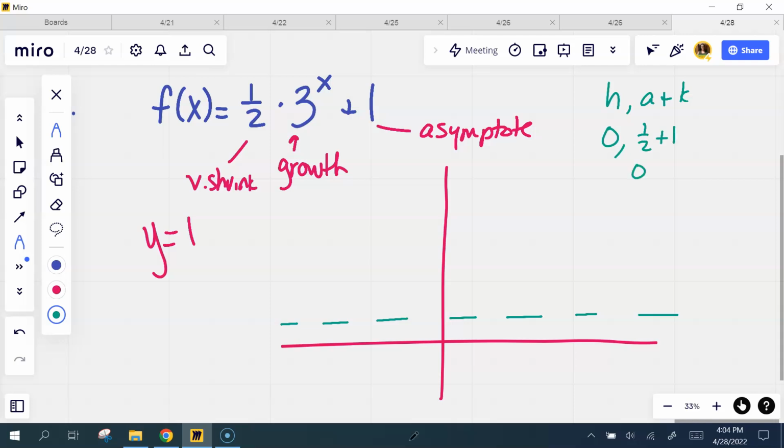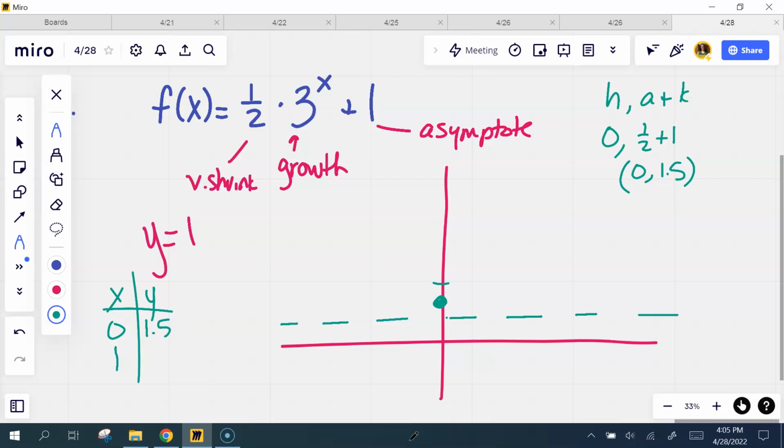So the point 0, 1.5, I know is on my graph. I really only need one more point. So let me do my little t-chart here. I've already got 0. I know that comes out to be 1.5. So maybe now I try 1. You really want to stick close to this point because the further away you go, remember how fast growth goes up. It's going to go up really fast. So you want to stick close to that point.